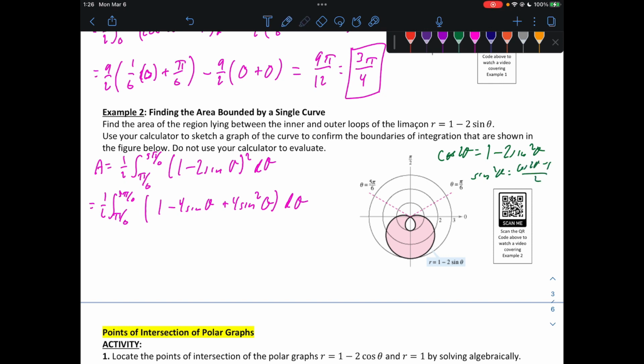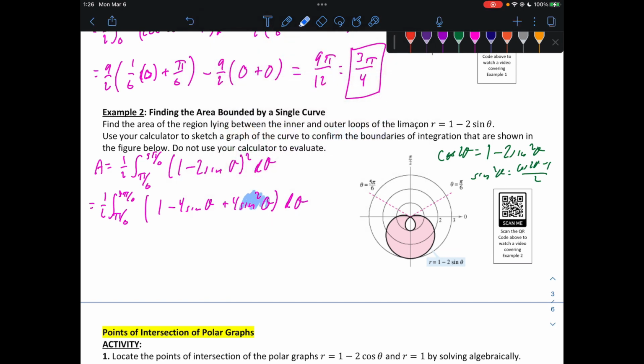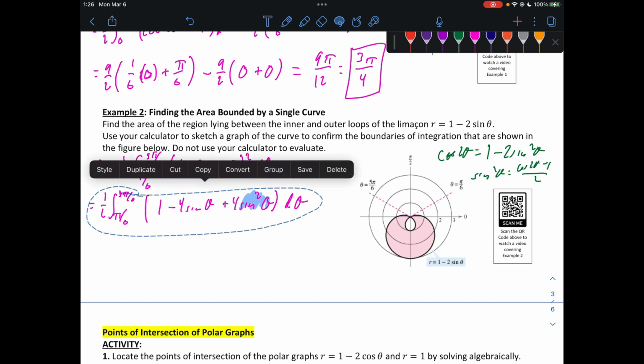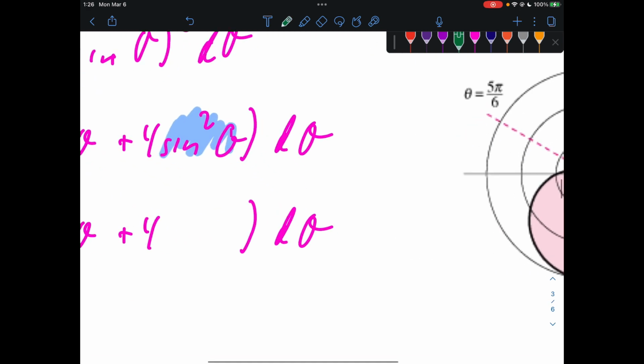So I can replace this with cosine 2 theta minus 1 over 2. So I'm going to do a little copying here.